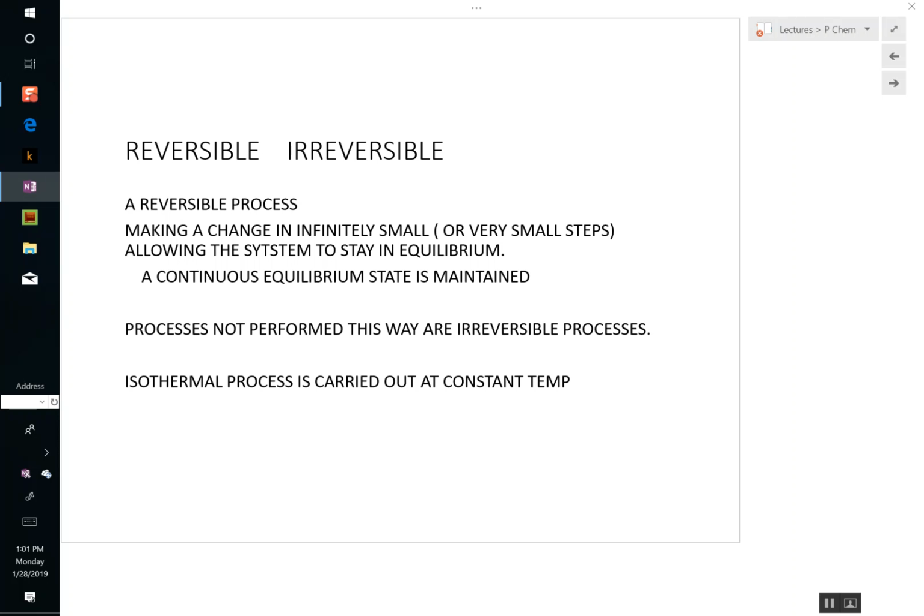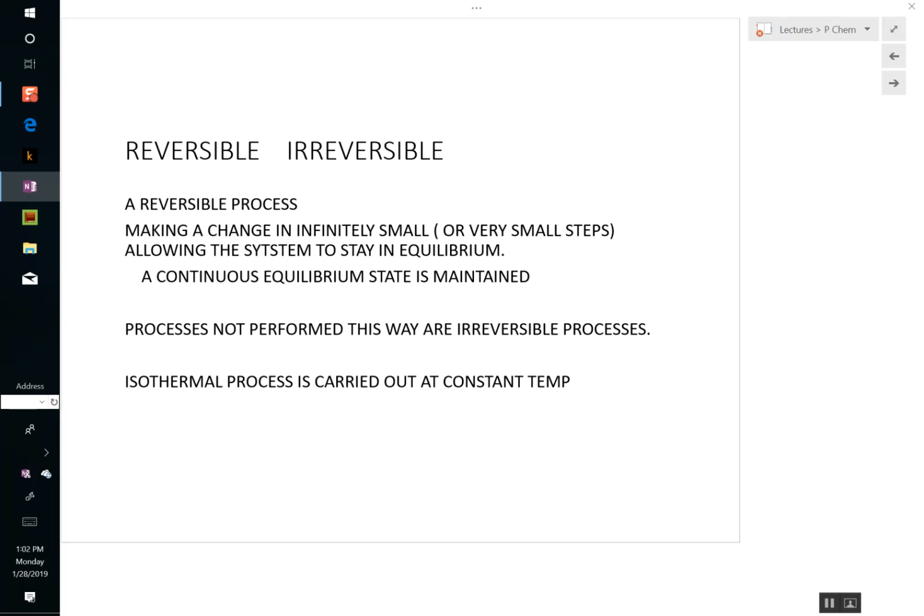So there's reversible, irreversible. A reversible process is making a change in infinitely small, or very small, steps, allowing the system to stay in equilibrium.